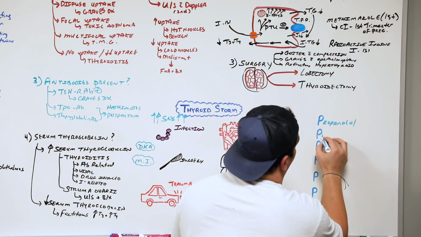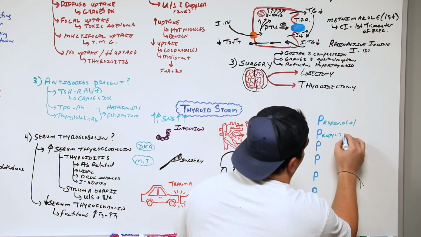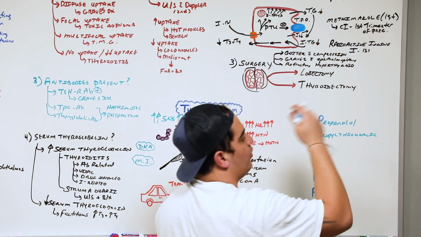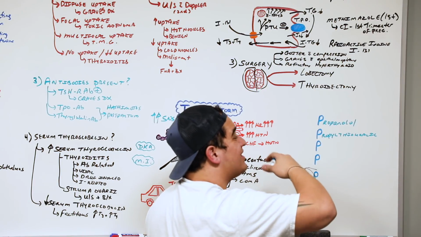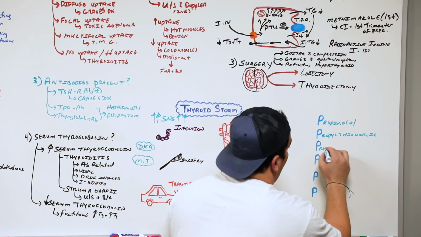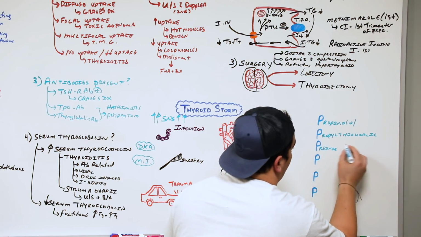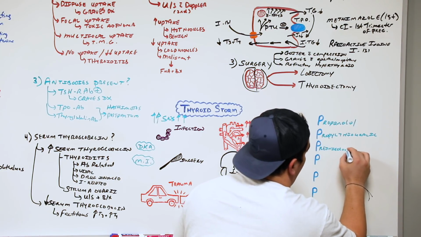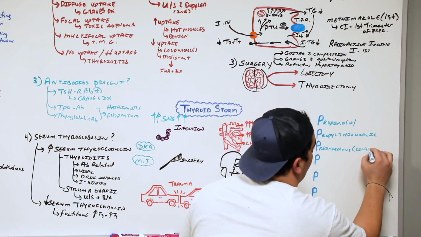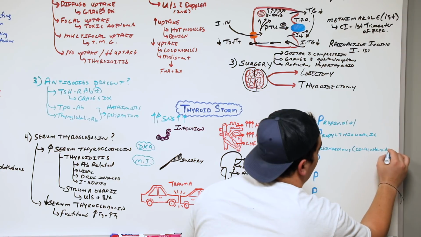Next thing you're going to give is propylthiouracil. That's going to inhibit the conversion of T4 to T3, as well as inhibit the TPO, the thyroid peroxidase. You're going to give them prednisolone. Now, the reason I put this one is I want you to remember primarily corticosteroids. They can give multiple types of corticosteroids.